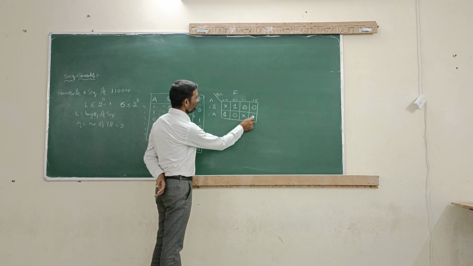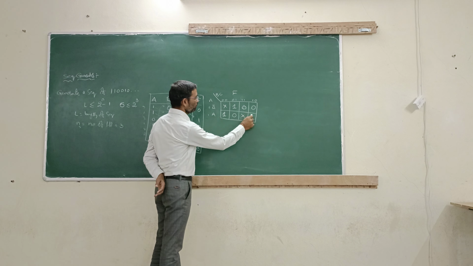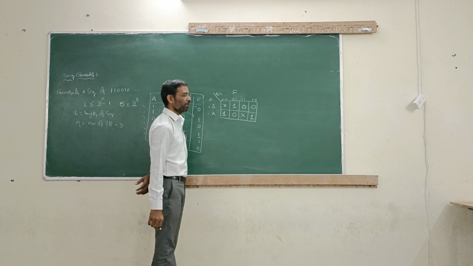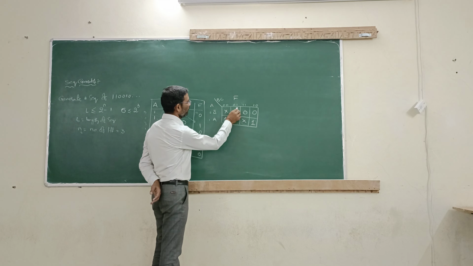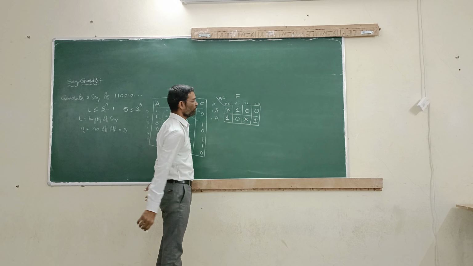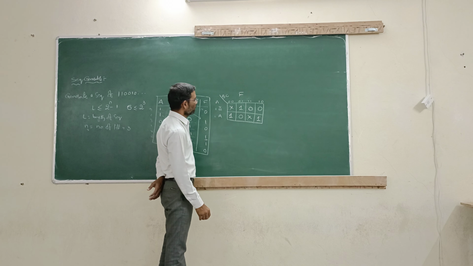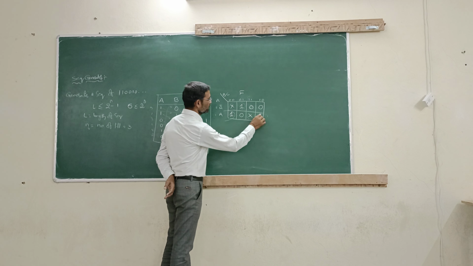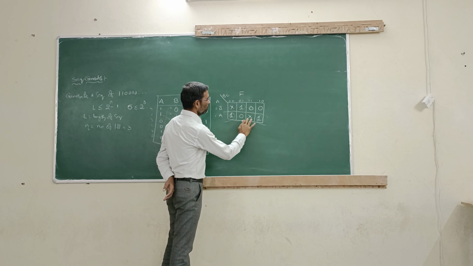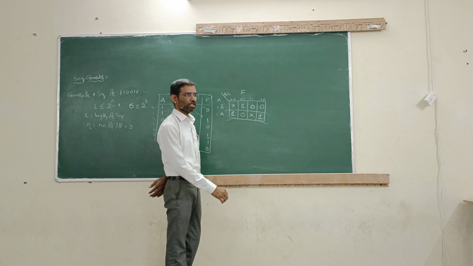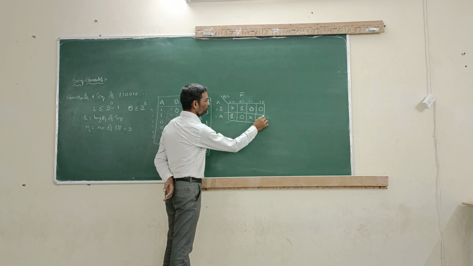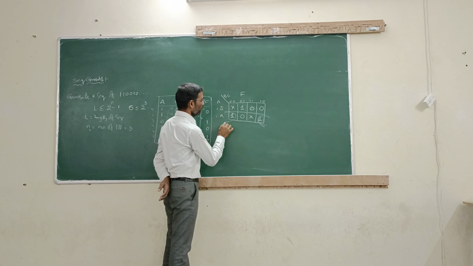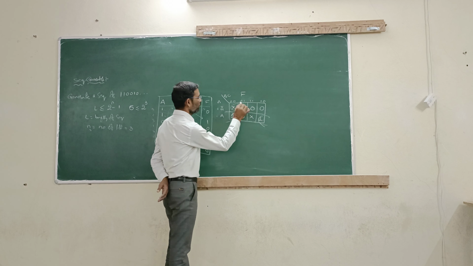Here we can make these two cells one pair, and by using these two cells we can make another pair, and this is one pair.